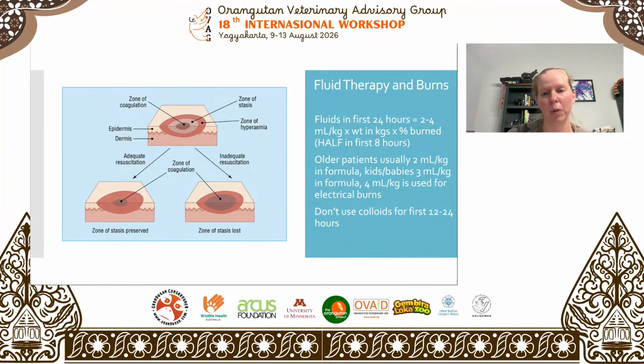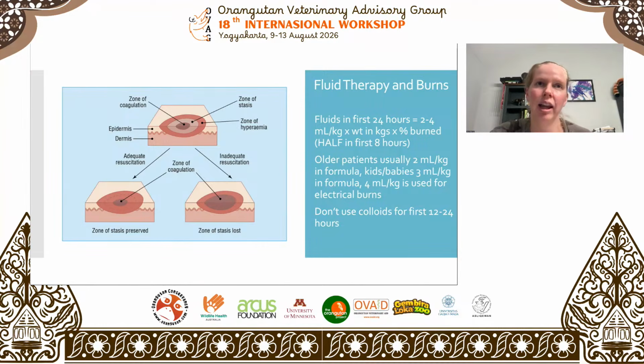And so what we do is we use that rule of nines, we use that percentage that we came up with for that patient, and we will multiply either 2, 3, or 4 mL per kilogram times their weight in kilograms times the percent of their body that was burned. And then we're going to give half of that amount of fluid in 8 hours. So it can add up pretty quickly if you think about it.